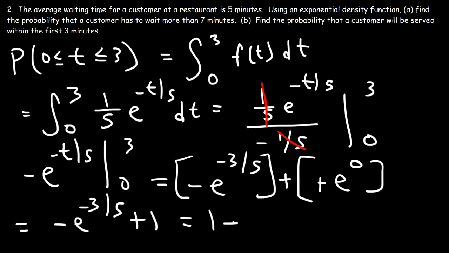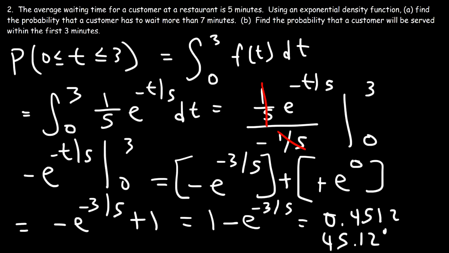Or you could say 1 minus e to the negative 3 over 5. And so this is equal to 0.4512. So there's a 45.12% chance that the customer will be served within the first 3 minutes of requesting their order.